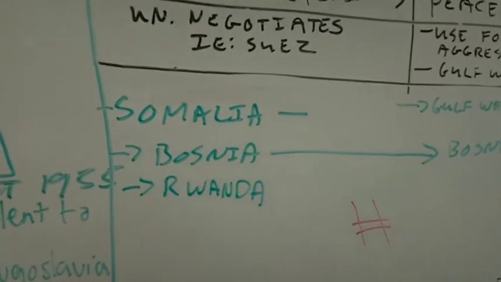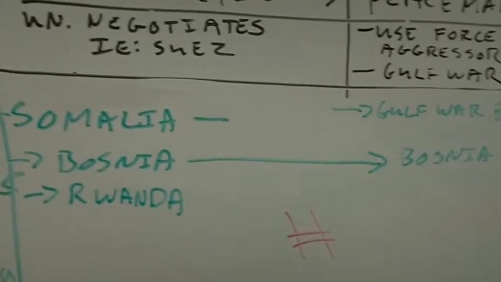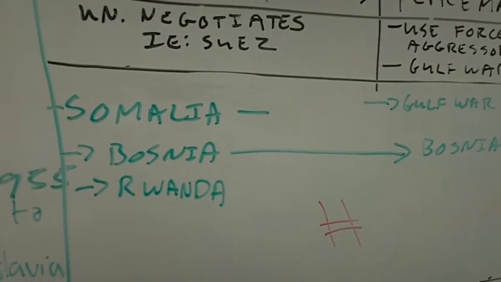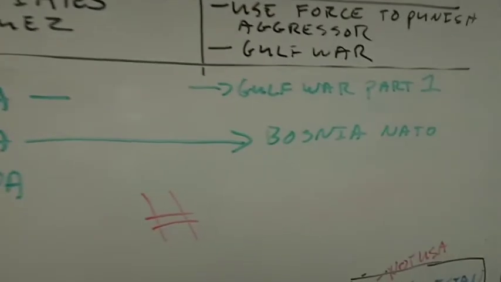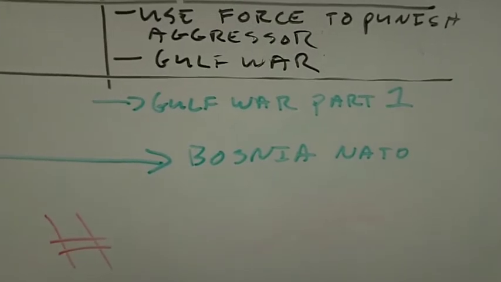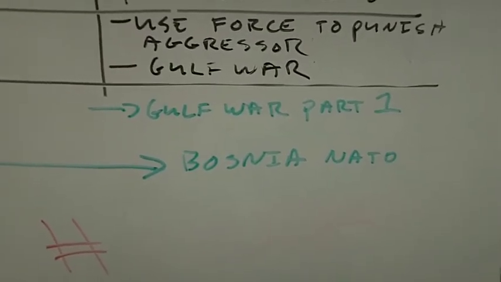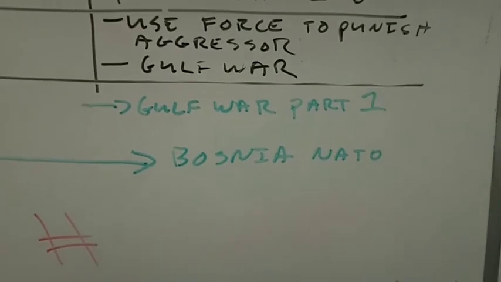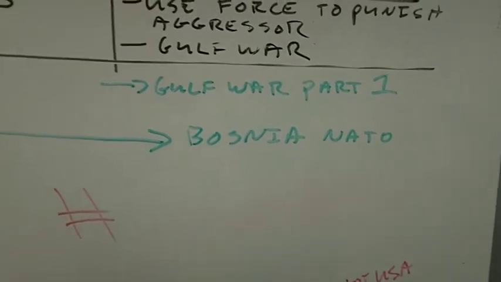So Bosnia, the UN failed to help in Bosnia-Herzegovina, and that was in the crisis with Slobodan Milosevic. Eventually, NATO decides we're going to go bomb Bosnia and Serbia, etc., and get rid of Slobodan Milosevic because obviously peacekeeping is not working, and that happens in Serbia.